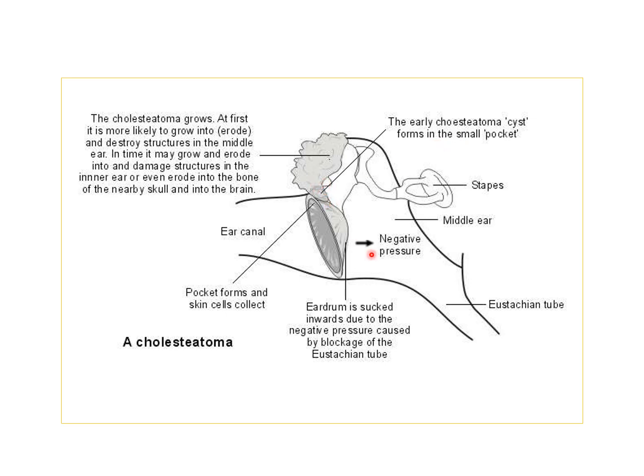If the negative pressure is continuous, this retraction pocket becomes a mass and later gives rise to the cholesteatoma. At first it is more likely to grow and destroy the structures in the middle ear, and as time goes on it may erode and damage the structures in the inner ear, or even erode the bone, the tegmen tympani as already mentioned, of the skull and enter into the brain, leading to complications.